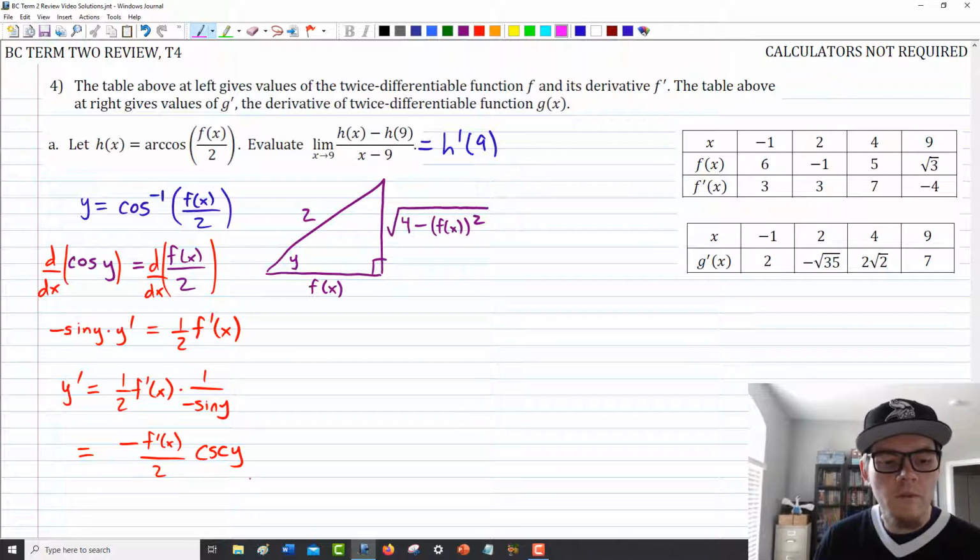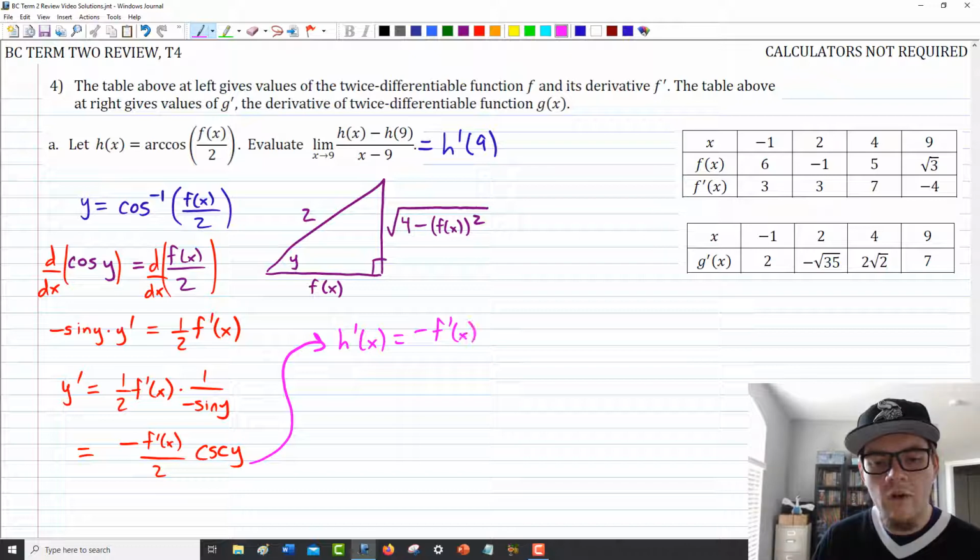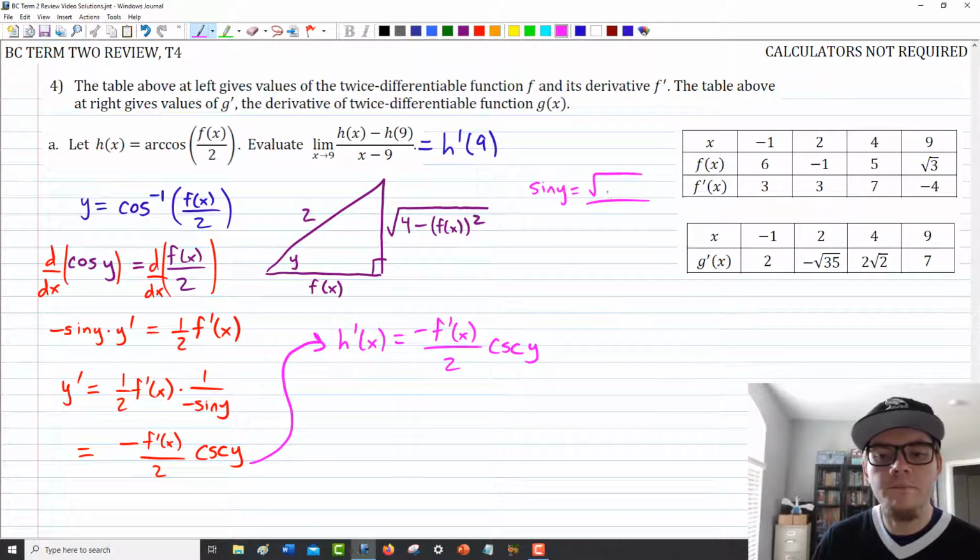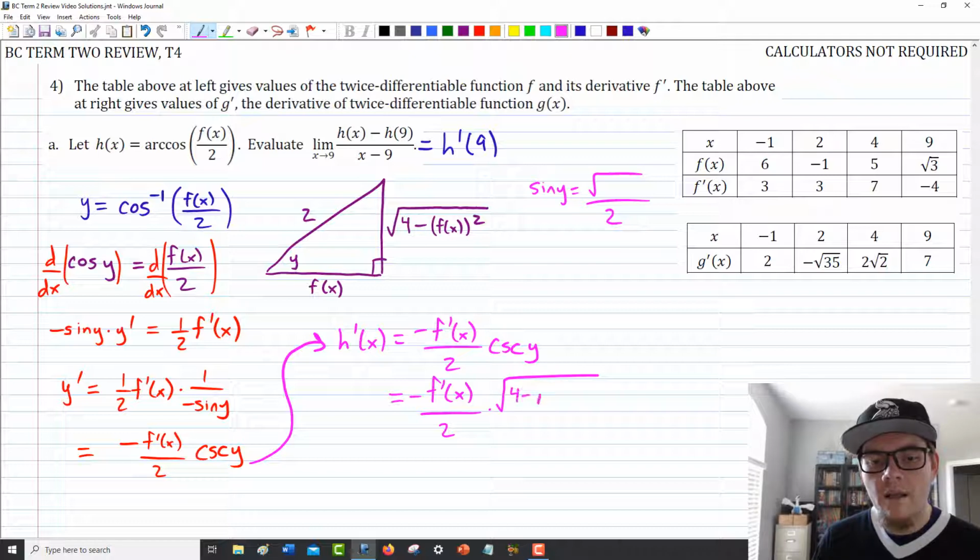Now that we've got that in place, we can pull this out and take a look at what it gives us. We've just shown basically that h prime of x is equal to negative f prime of x over 2 times the cosecant of y. Well, since sine of y is equal to the square root thing over the hypotenuse, we can wrap this up as negative f prime of x over 2 times the square root of 4 minus f of x squared, divided by, oh, I did that wrong.